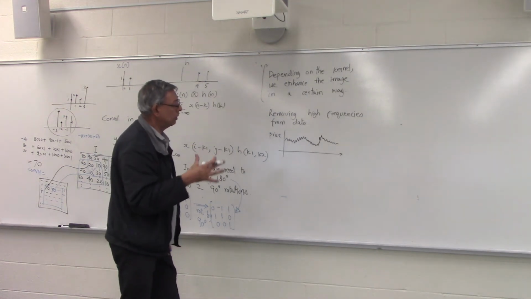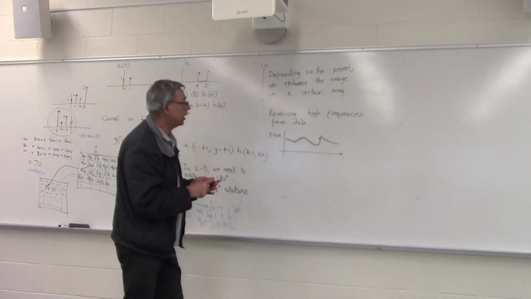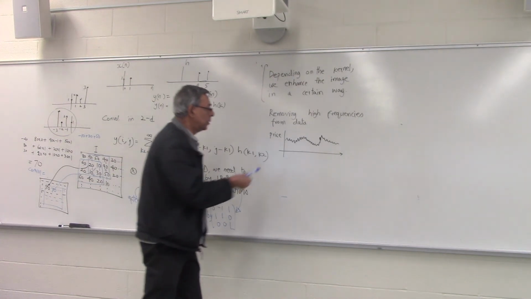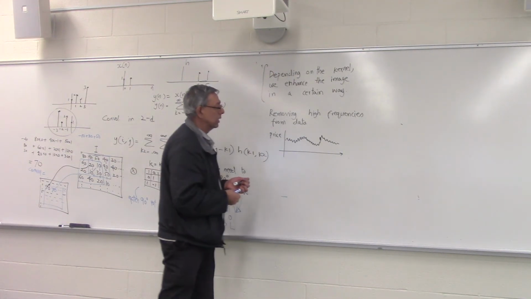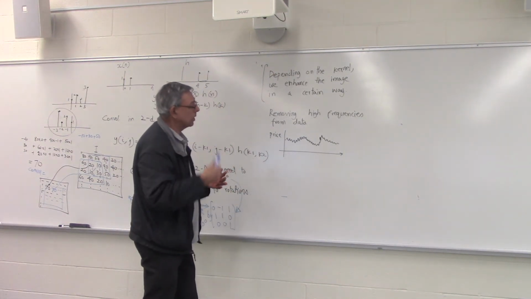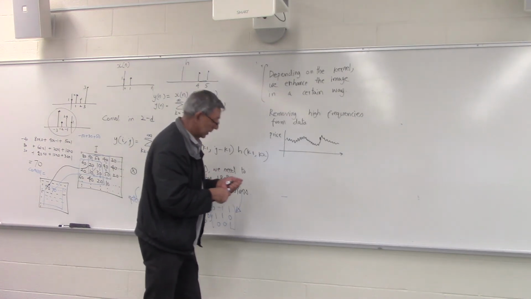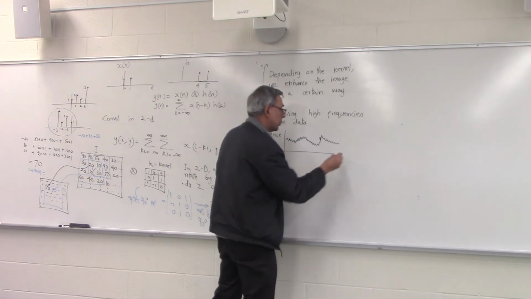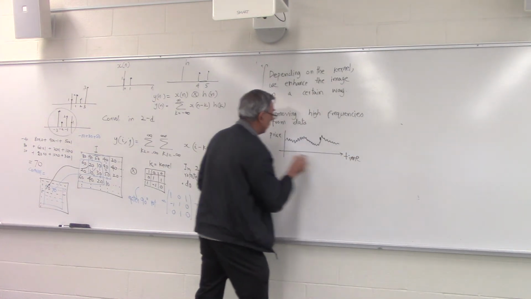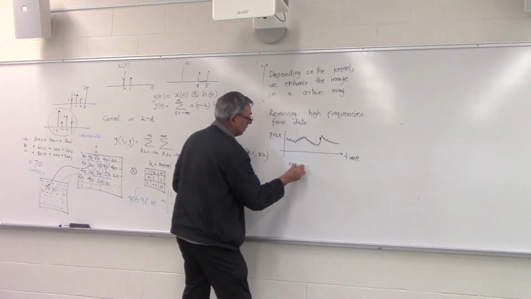So people who are in the financial world don't worry about day-to-day changes. They want to see over the long term, what is the trend? Is it going upwards, or is it going downwards? So a common technique that we use is called the moving average filter.